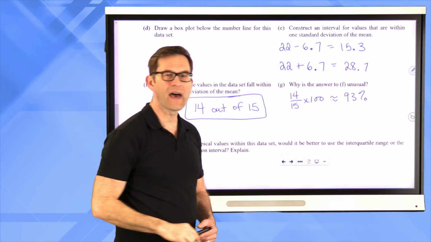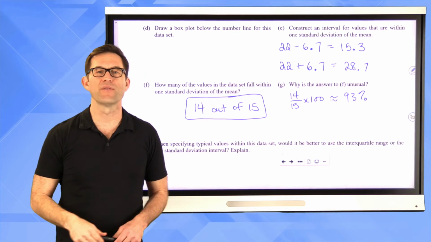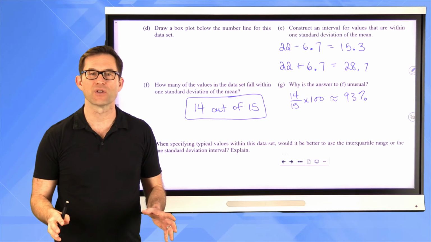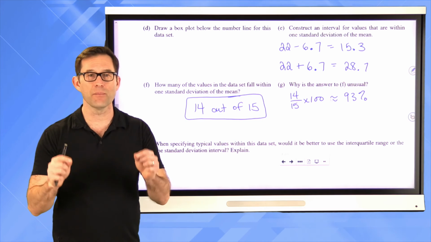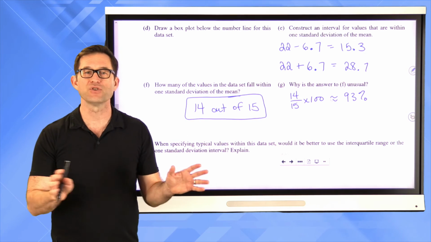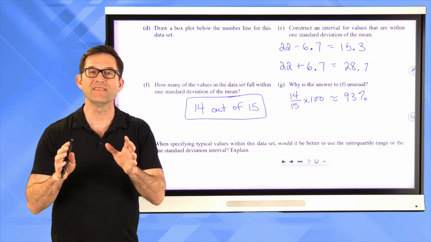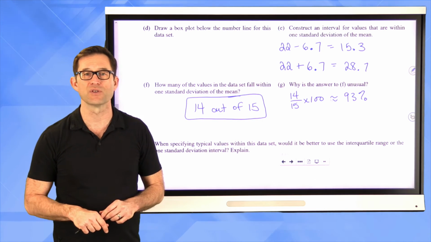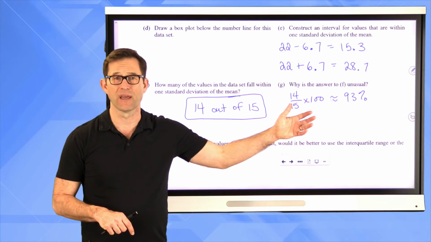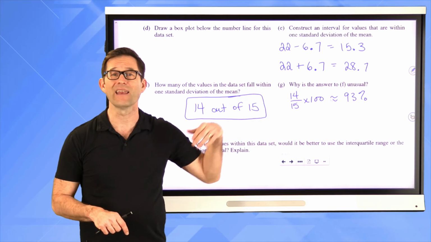So why is that unusual? 93% of the data falls within one standard deviation of the mean. Well, in our last lesson, what we talked about was that in typical well-behaved populations and samples, about 67% of the data should fall within one standard deviation of the mean. This is closer to 2 standard deviations of the mean. That was 95%.